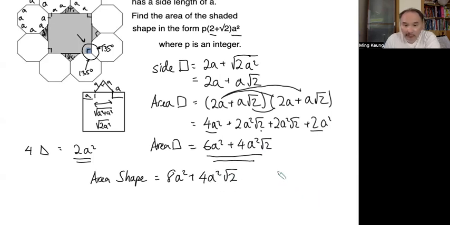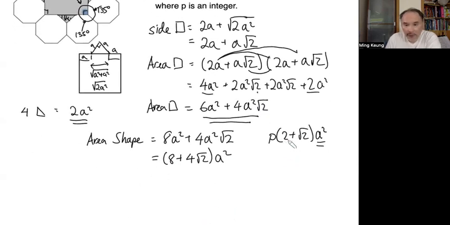However, I wanted it in some sort of format of P brackets 2 plus root 2, A squared. So I'm going to take out A squared, and funny, I'm going to put them at the back this time because they want the A at the back for some reason. So if I take out A squared, I get 8 plus 4 root 2, A squared. So I've got the A squared sorted.